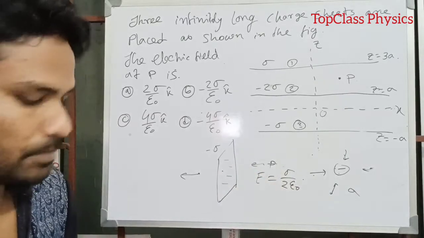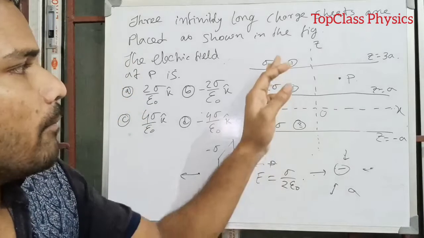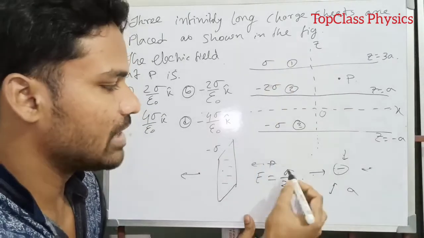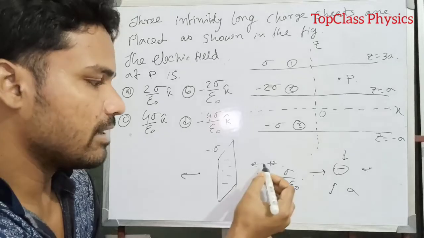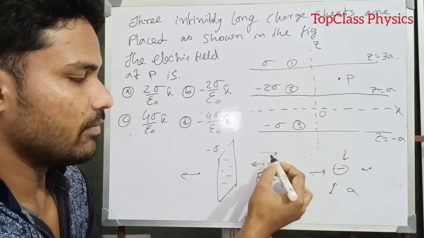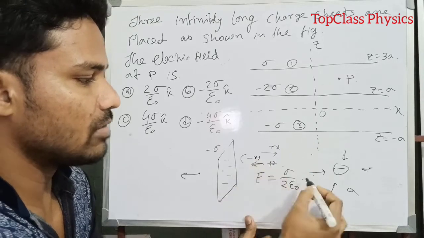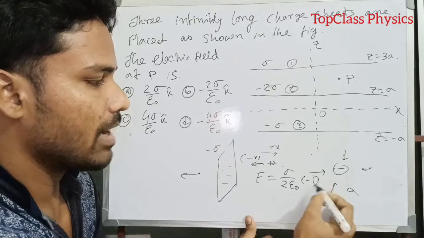Remember it. Another thing, many students get confused. Suppose this is the value of the electric field, sigma by 2 epsilon naught, and if this is negative, then it is towards it, right? If that is the positive x direction, then this is the negative x direction, so I write it as minus i cap.